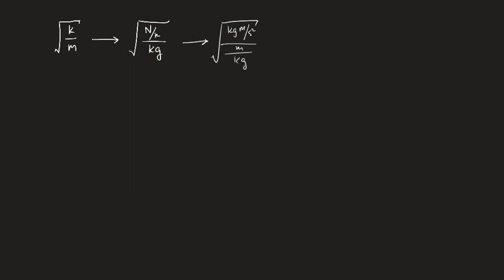It's a whole lot of dividing in there. Let's make that a little bit smaller so that whole thing is on the top and the whole thing is divided by kilograms. It doesn't really matter. Kilograms and kilograms cancel. Meters and meters cancel. And we get the square root of 1 over seconds squared, which is 1 over seconds.